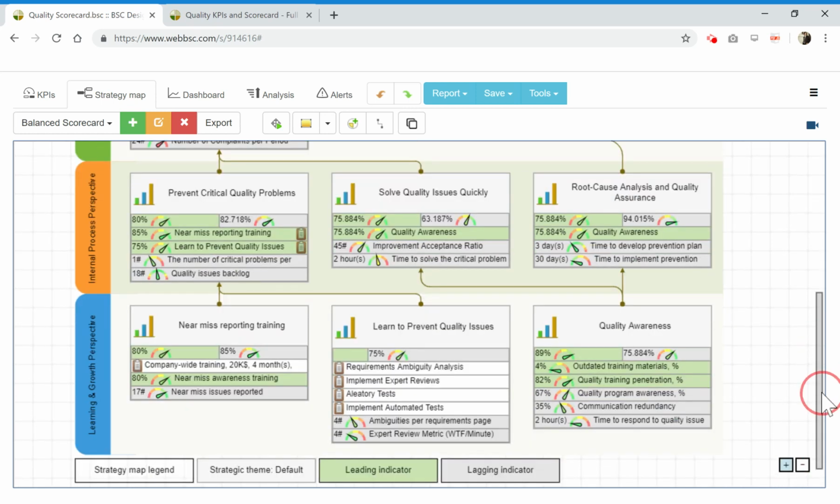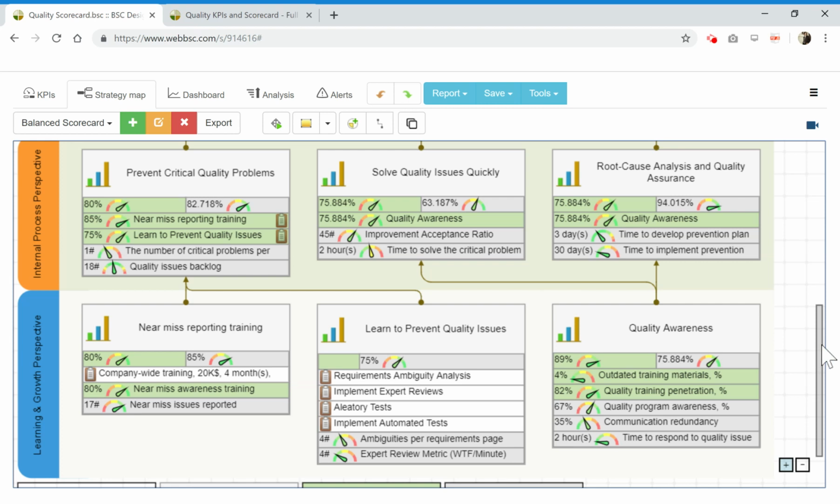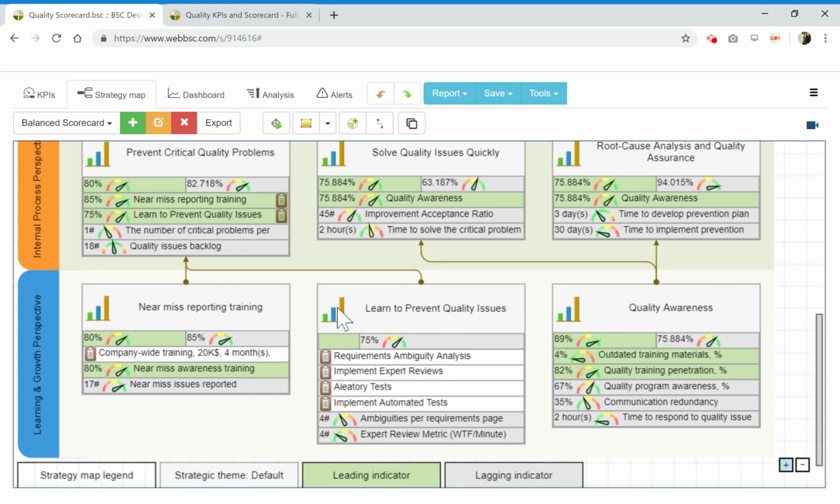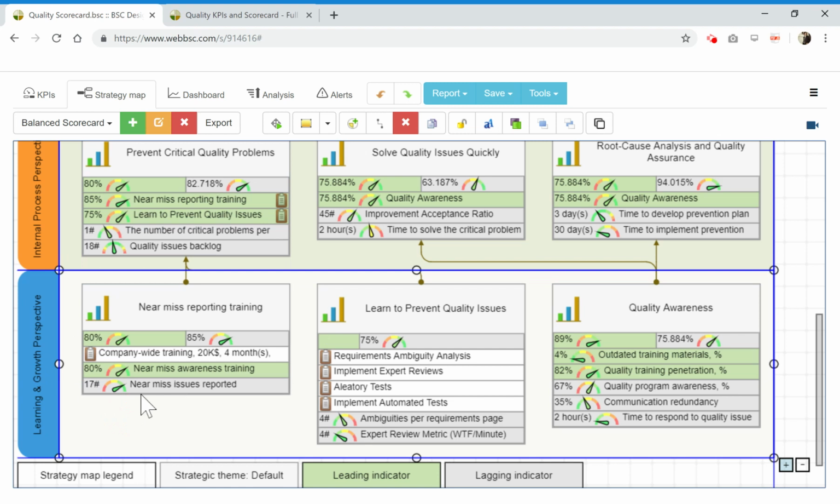Then, if I make it bigger, you will see that we have some rectangles, and in each rectangle we have some objects. Let's look at this rectangle, which is near-miss reporting training. The rectangle itself is a business goal that we have mapped in this learning and growth perspective, and you will find several lines here.